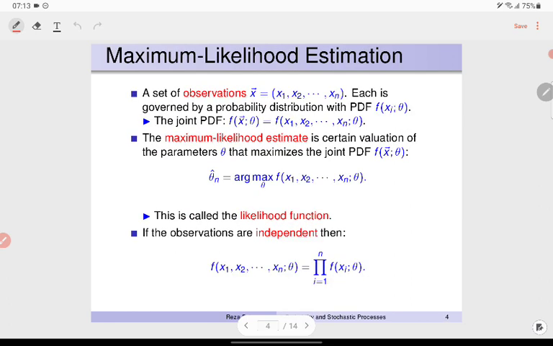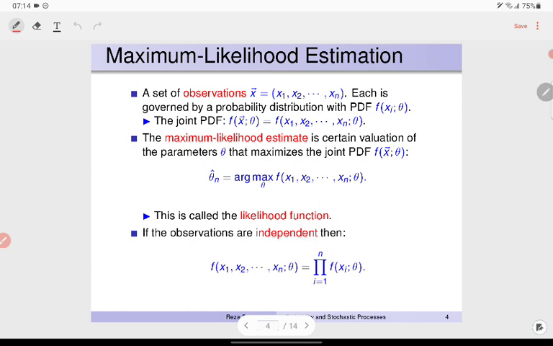There are a lot of methods that we can use to perform this parameter estimation, and one of the most widely used is the so-called maximum likelihood estimation. Given a set of observations, it is usually provided to us in terms of a vector x that contains x1, x2, and so forth until xn.